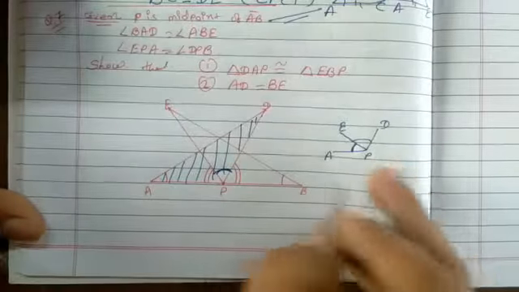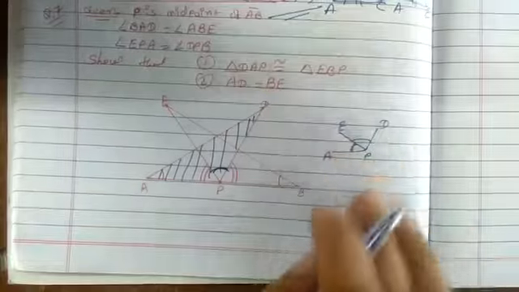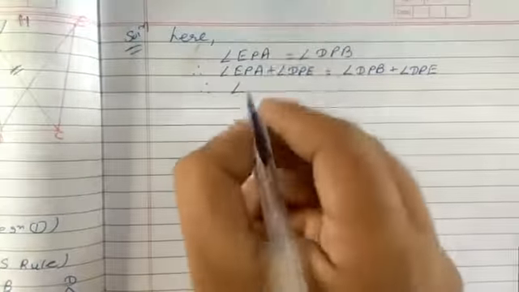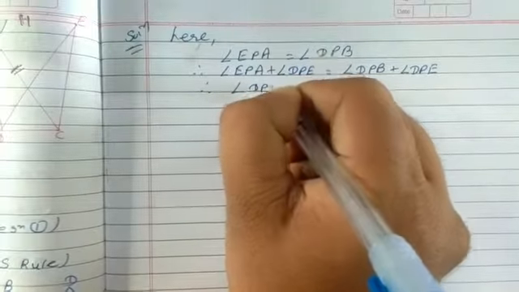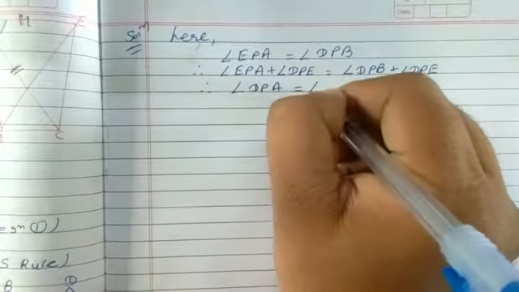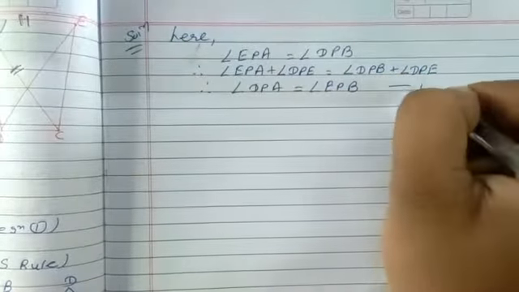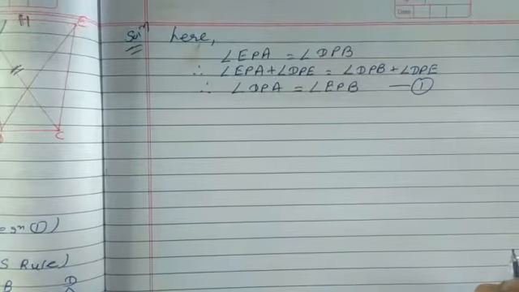This angle, APD. Am I right? APD or DPA. So write down here, DPA is equal to angle of EPB. So this is our first equation.